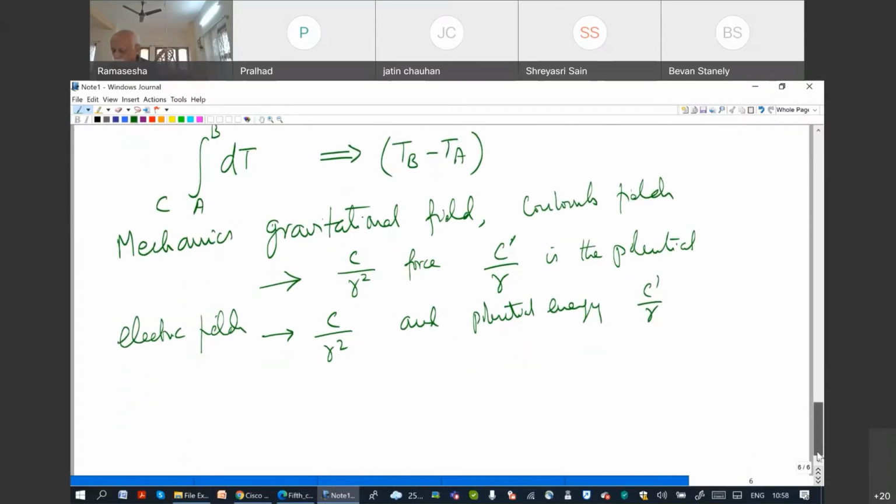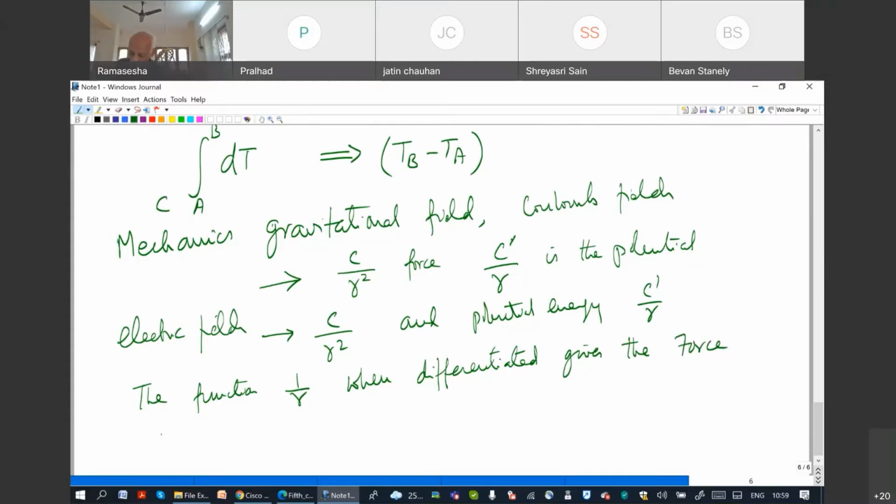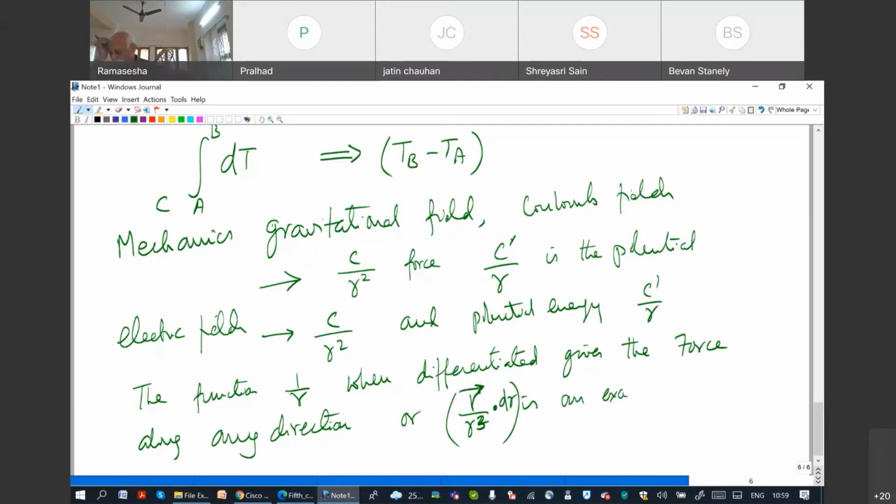So what I want you to show is that the function 1 by r, when differentiated, gives the force along any direction, or show that the function 1 by r squared is an exact differential. 1 by r squared into dr, or r by r cubed into dr, is an exact differential.